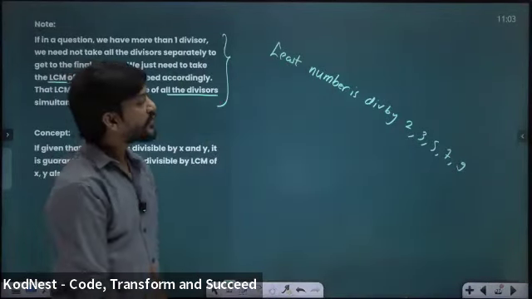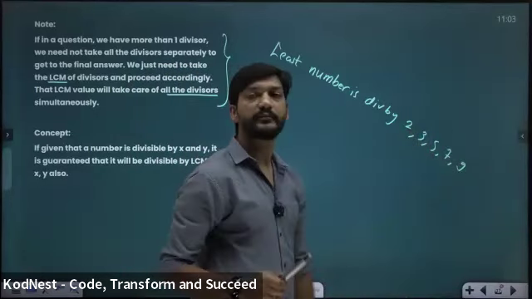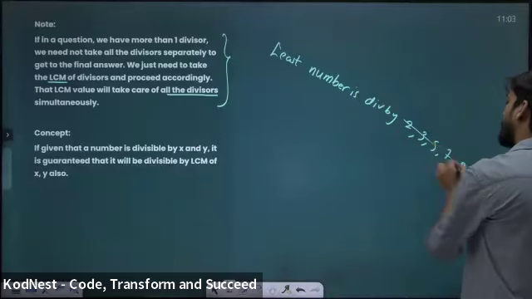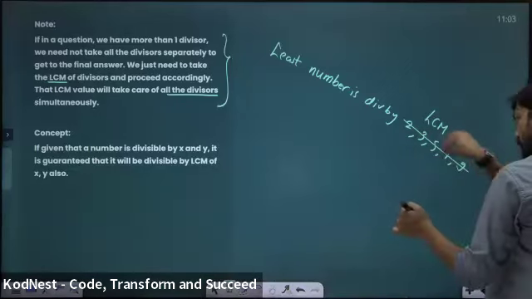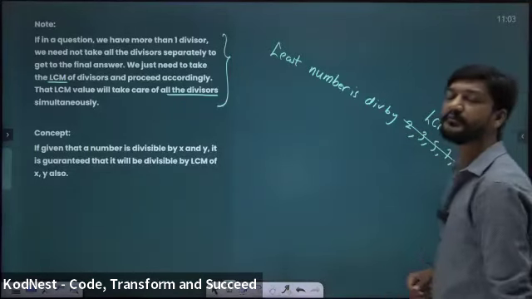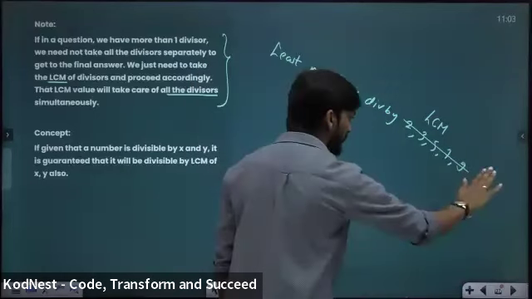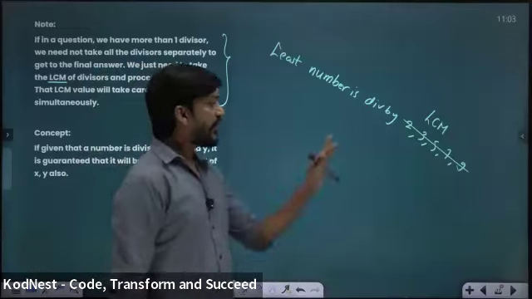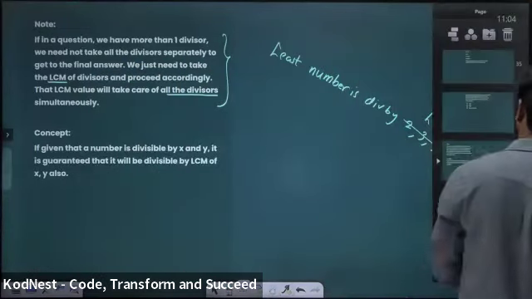So now you are confused. Divisible by this also, this also, this also. In that case, don't think so many numbers are there. Instead of them, remove them and write their LCM. That one single LCM value will take care of all. That is what I'm telling. So we will apply this wherever required, otherwise not.